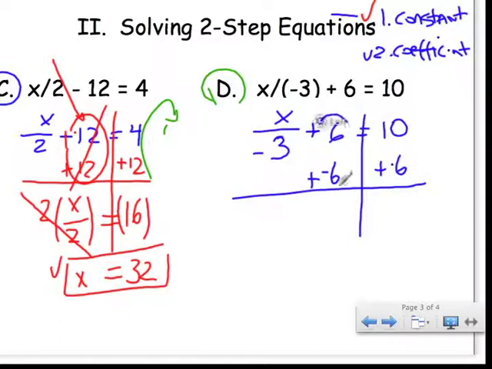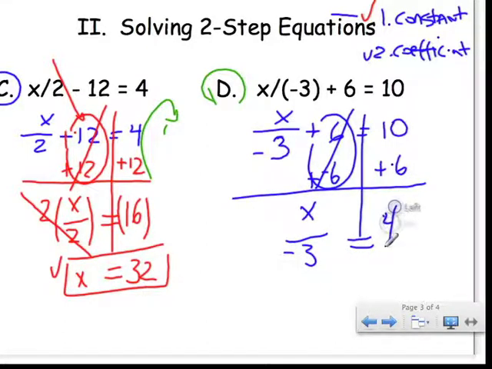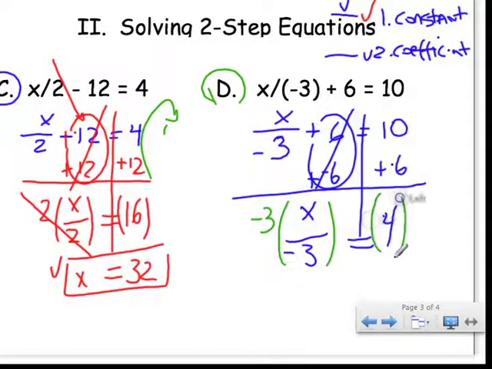When you do that, the constants cancel, and you have x divided by negative 3 equals 4. You've canceled the constant. Now you cancel the coefficient, which is negative 3. So since it's x divided by negative 3, you need to multiply both sides by negative 3. And when you do that, the negative 3's cancel. x equals 4 times negative 3, which is negative 12. And that should have been your answer.